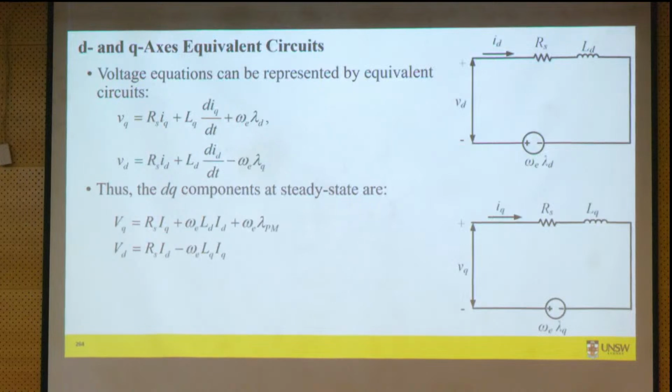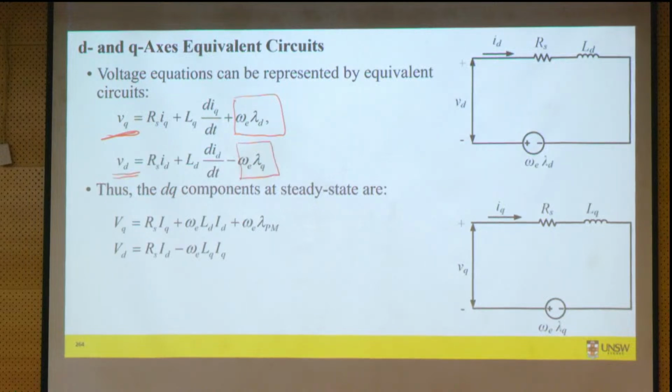And we can also develop an equivalent circuit of these two equations now. One thing we should note is that this is our q-axis voltage, but we have a term which is in the d-axis. Similarly, this is your d-axis voltage, but we have a term here which is in the q-axis.